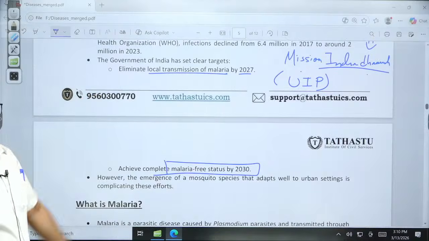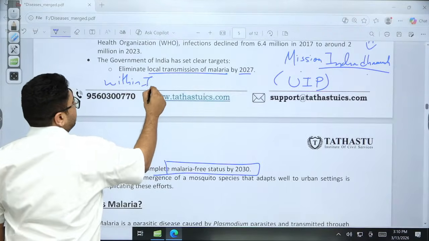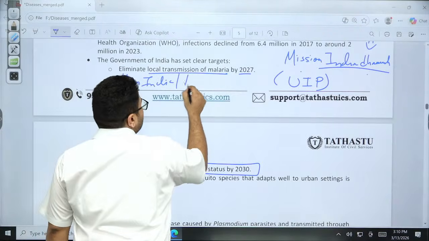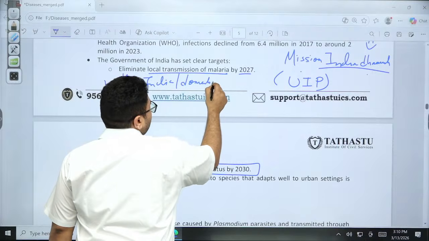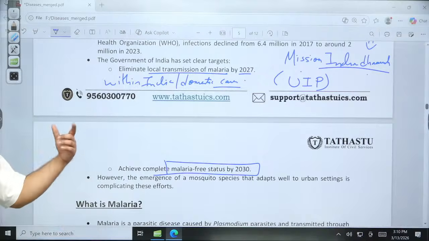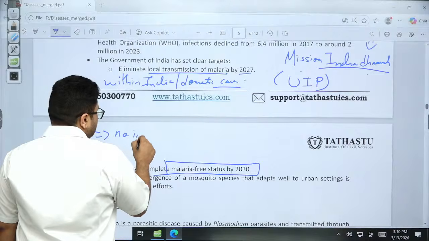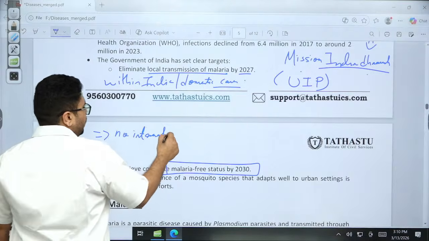Eliminate local transmission of malaria by 2027 means that within India, domestically, there should be no domestic cases, and in the remaining second phase, there should be no international patient coming to India.